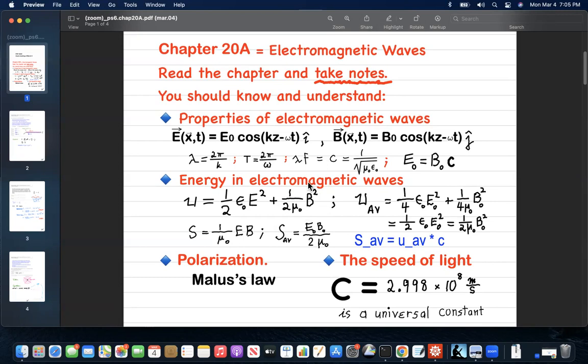Now, we usually express this in terms of the average energy. Remember, E and B are both oscillating in time. So E will oscillate between 0 and some maximum value squared. B similarly.